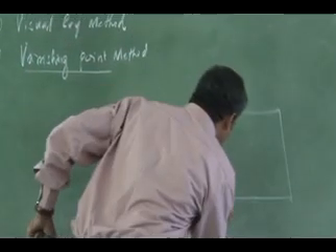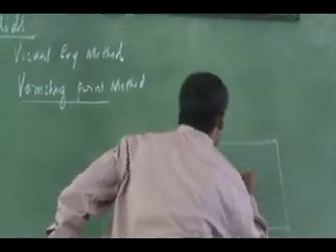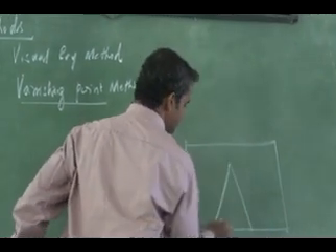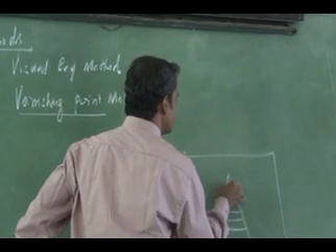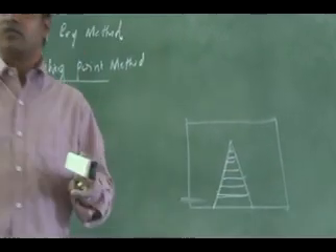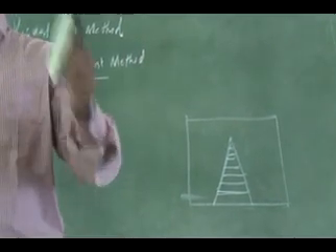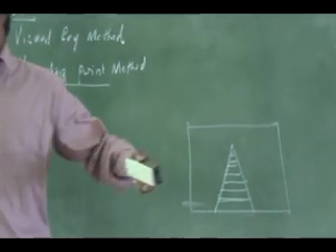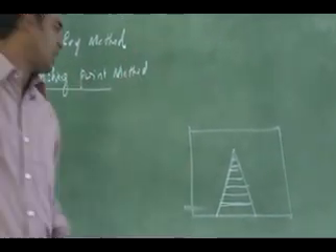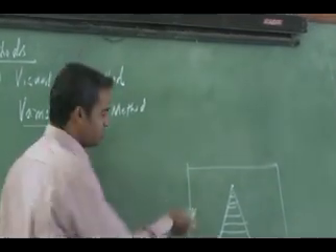But if I look at the rails, the track seems to be converging at a point. Even though it is parallel, it seems to our eye that it will be converging to a point. That is nothing but the image of the two rails getting vanished at that point. That point is the vanishing point.